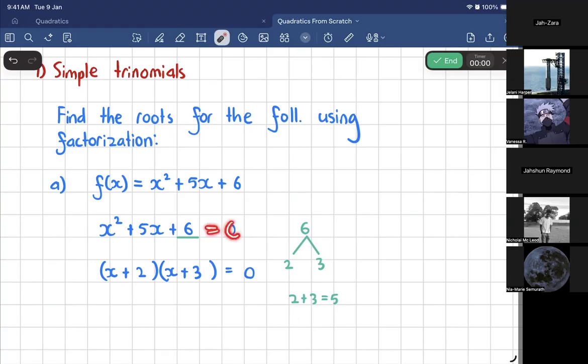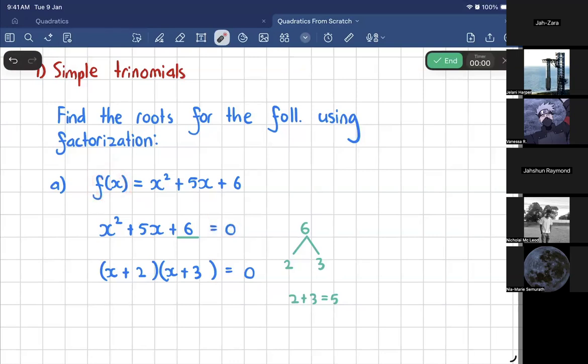So do you understand why I put the whole thing equal to 0? Yes, sir. Right, so I put the whole thing equal to 0 because at the x-intercept or the roots, y is equal to 0. So f of x is also equal to 0.